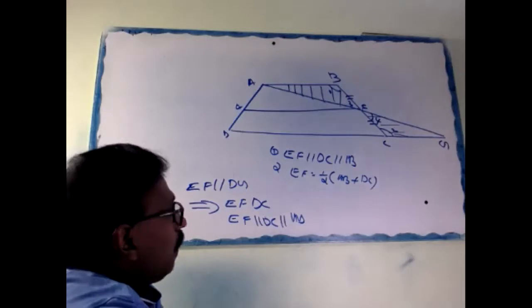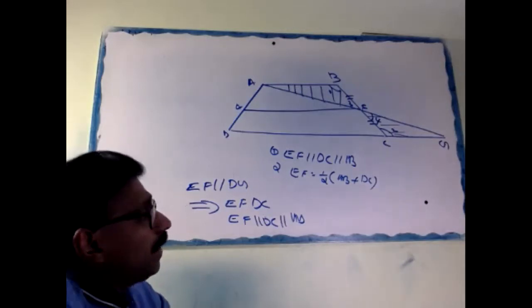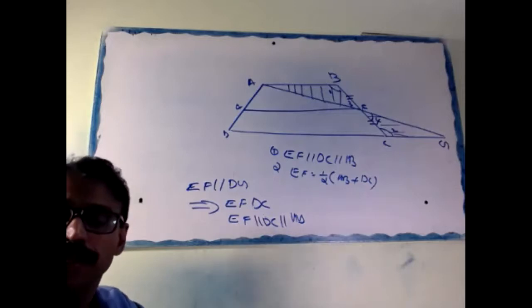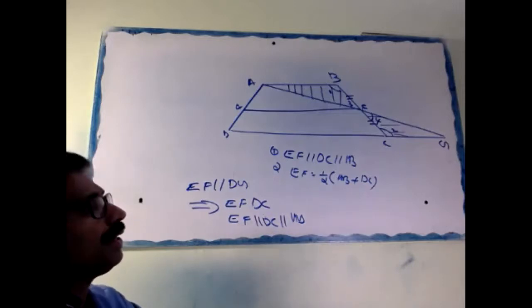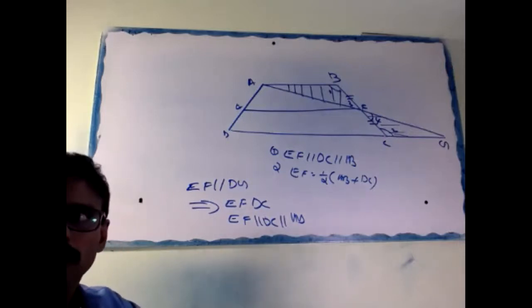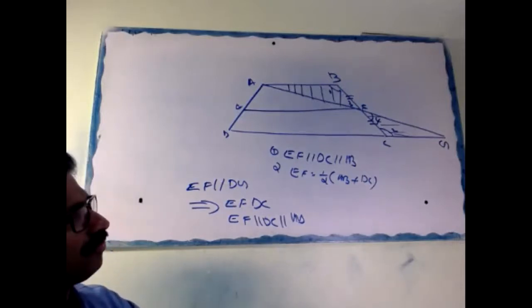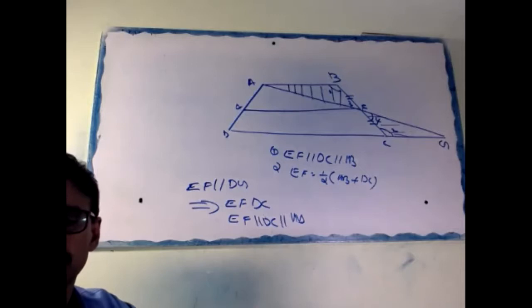Okay, in triangle ADG, E is the midpoint of AD. Given, F is the midpoint of AG, proved.